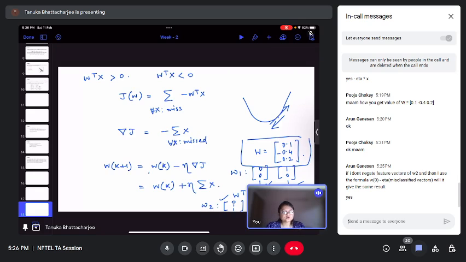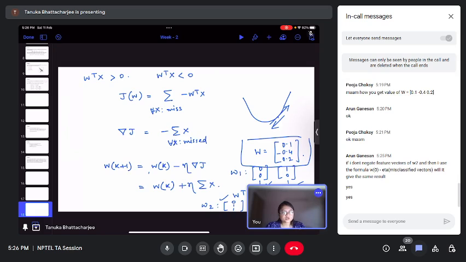So if you want to form a loss function out of it, then you will have to negate those of one class to make the overall loss function positive. Otherwise, if you are taking w transpose x as loss and you have not negated any of the classes, then for one class that quantity will be negative.